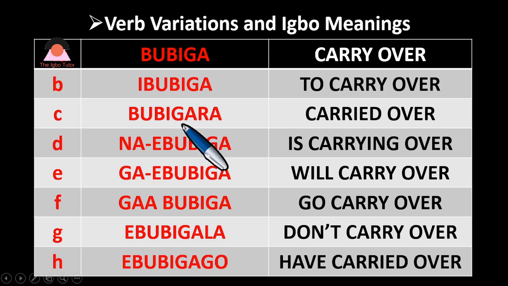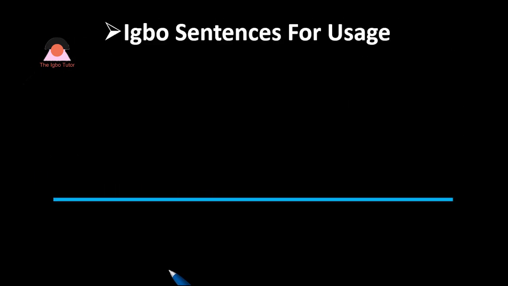Bubigara, carried over, past tense. Na-ebubiga is carrying over. Ga-ebubiga will carry over. Ga-bubiga, go carry over. Ebubigala, don't carry over. Ebubigago, have carried over.